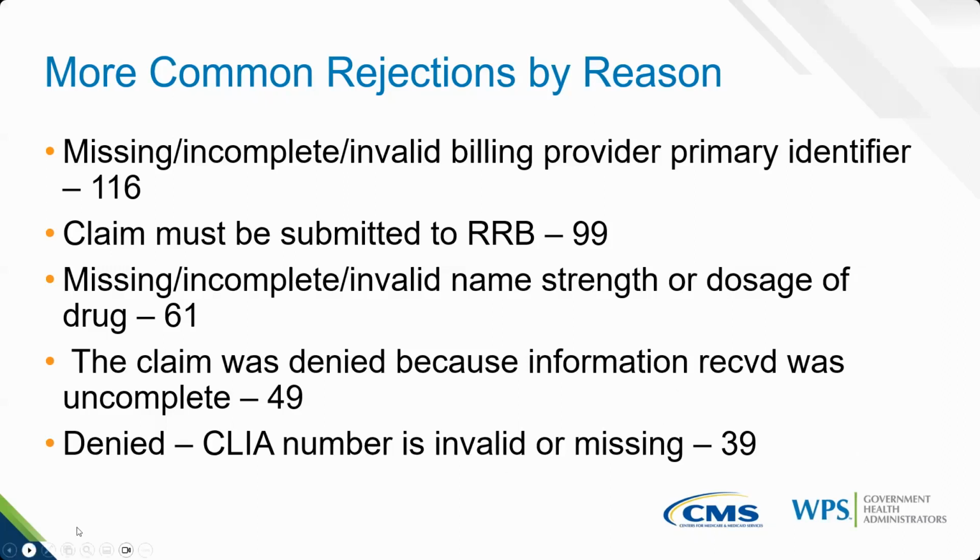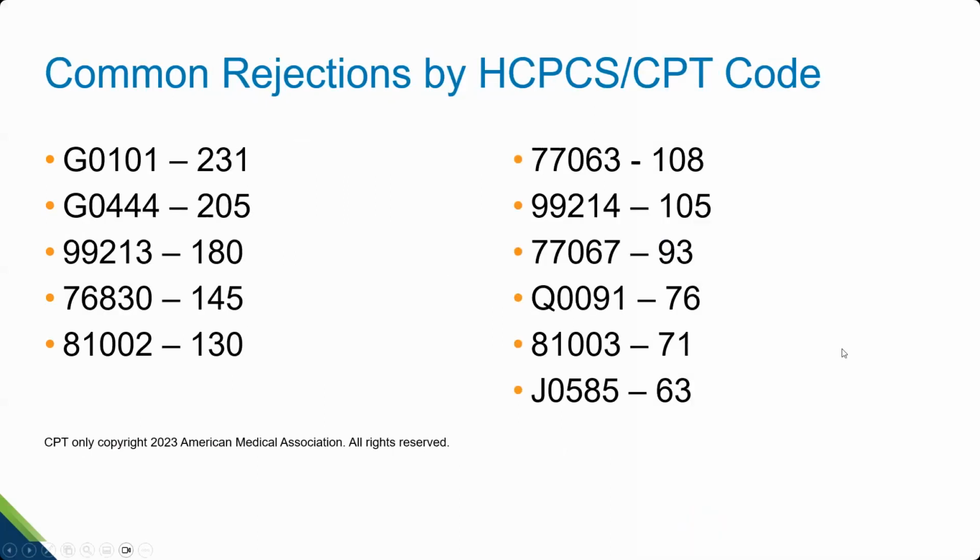So we talked about the reasons for rejections. What are the codes most commonly rejected? They're here for you. These are the common rejections by code. G0101 is the top reasons for denial is, of course, that claim lacks information needed for adjudication, but this one's being denied for invalid or missing modifier, or the claim needs to be submitted to the railroad board.